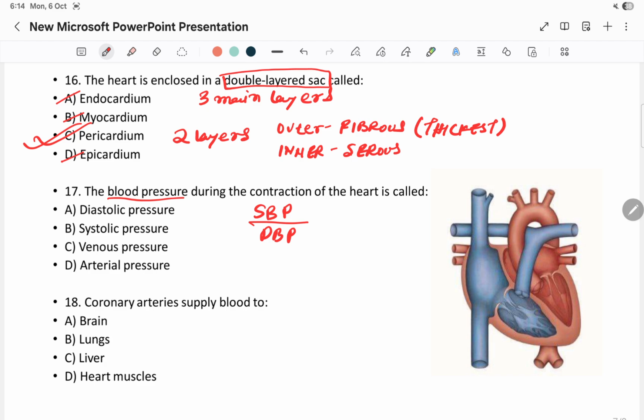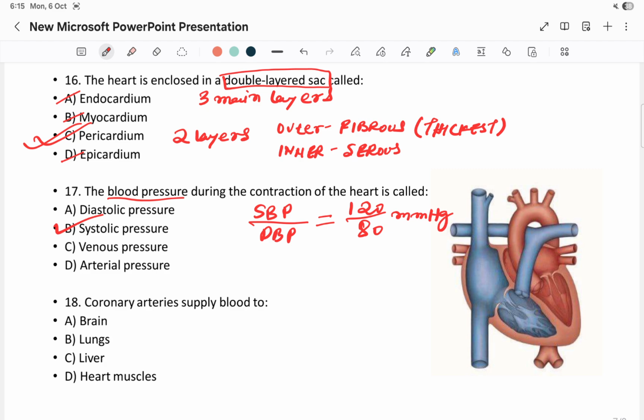And we know that the normal blood pressure of a healthy adult is 120 by 80 millimeters of mercury. So the correct answer here is systolic blood pressure. Option number B is the correct answer here.